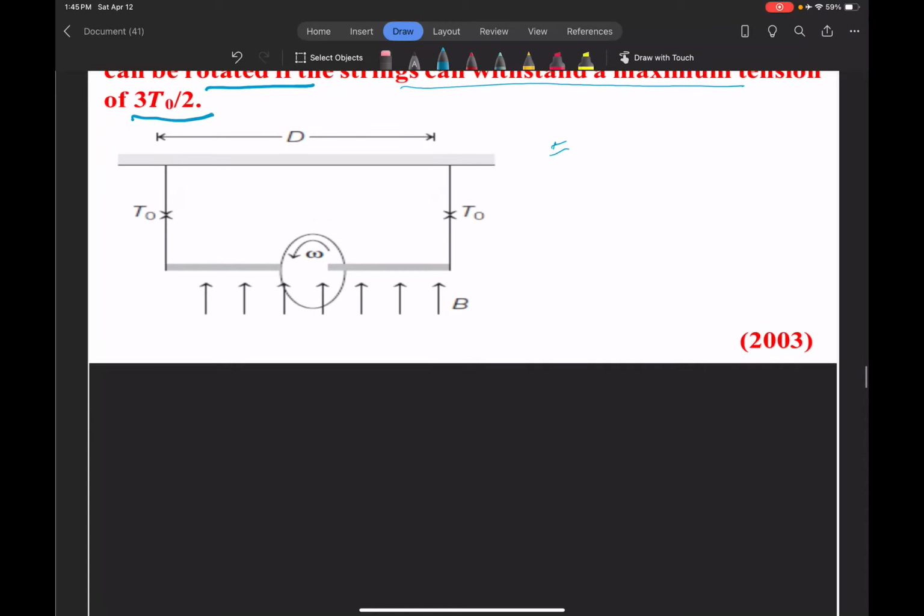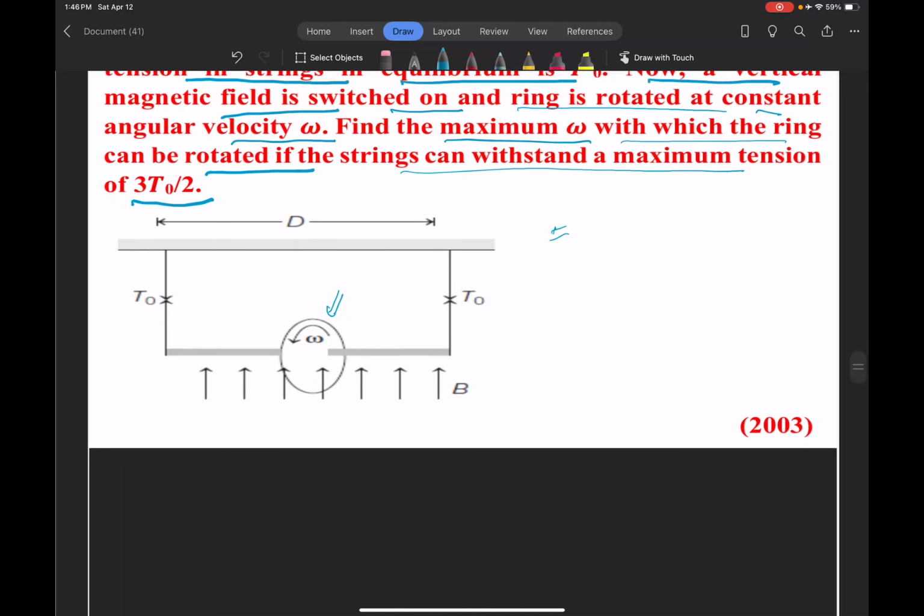And we have a disk which starts to rotate in the presence of magnetic field, and the distance between the strings is d, and we have to find out the maximum value of omega, so that the maximum tension in the string is 3 T naught divided by 2.